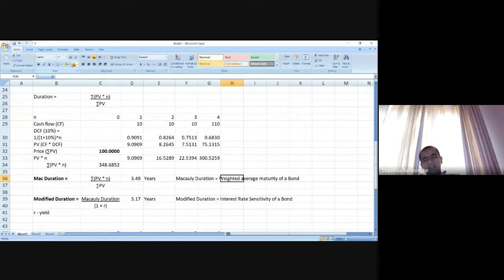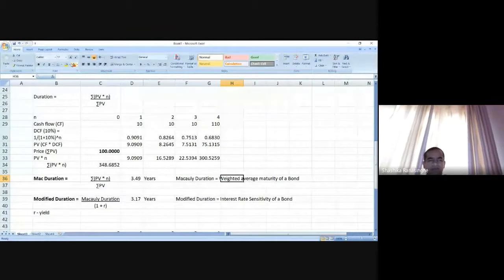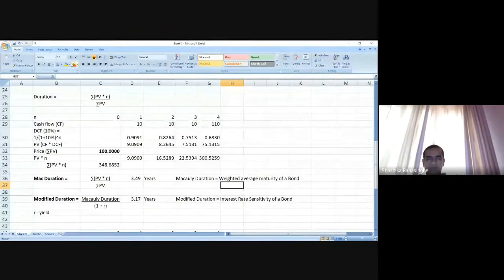So if I may ask you, what would be the maturity of a 0 coupon bond with the same interest rate sensitivity? What is the maturity of a 0 coupon bond which has the same interest rate sensitivity? What do you think? What is your answer?